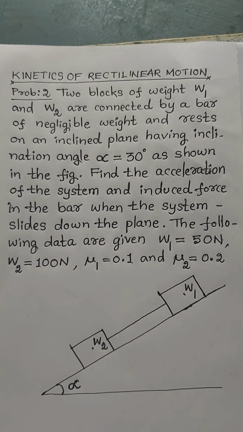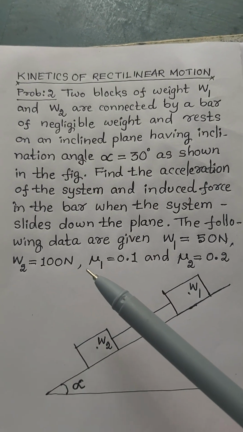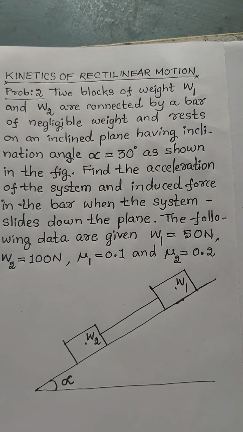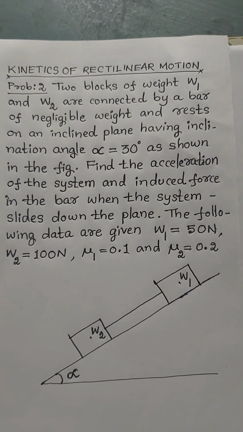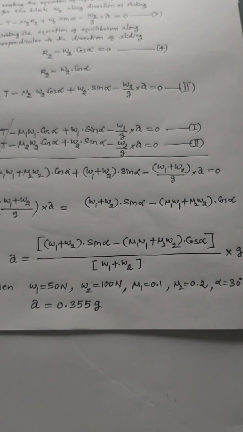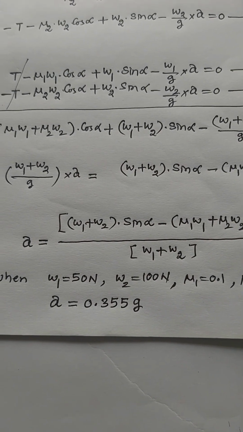According to the given problem, we consider W1 as 50 Newton, W2 as 100 Newton, mu1 as 0.1 and mu2 as 0.2. When you substitute these in the acceleration equation, we get the acceleration of the whole system: A equal 0.355 into G.